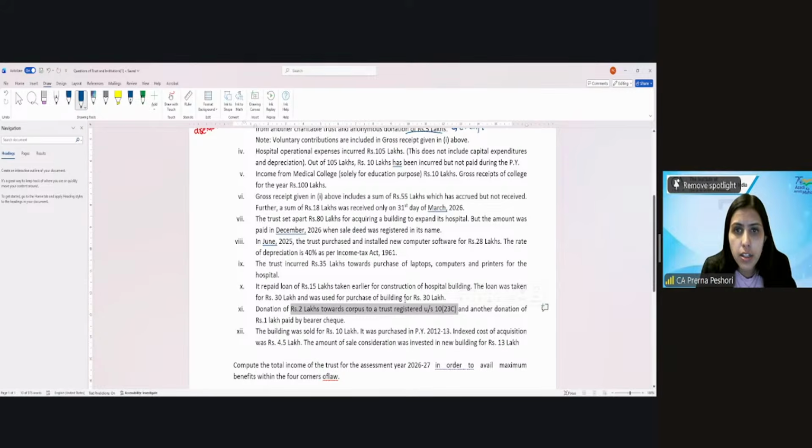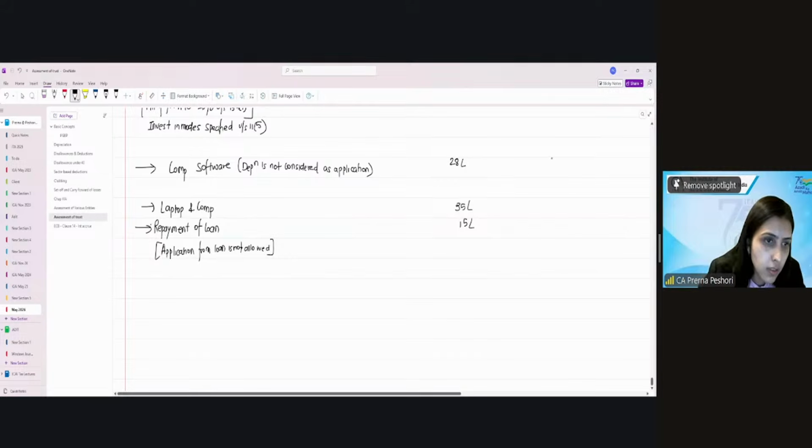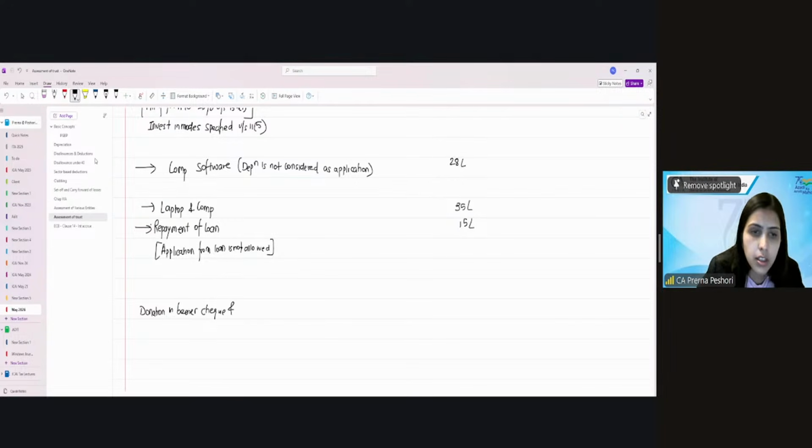Are we clear? Yes. So here this will not be allowed as application. So donation in bearer cheque and towards the corpus is not application.